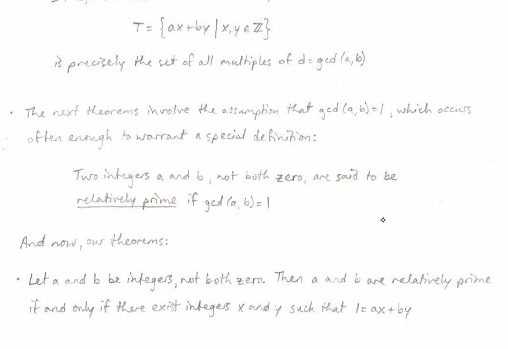Suppose you have two integers, a and b, not both of them are 0. Then a and b are relatively prime if and only if there exist integers x and y such that 1 is equal to ax plus by. Now, this may seem very familiar.